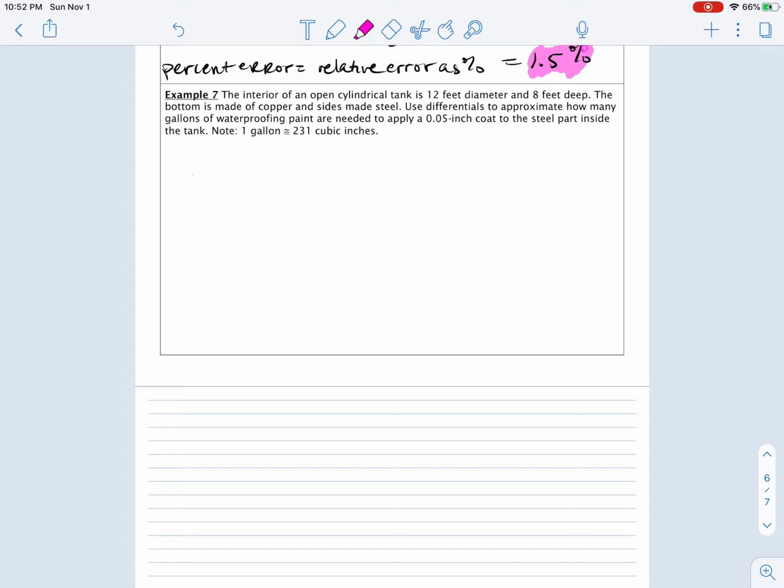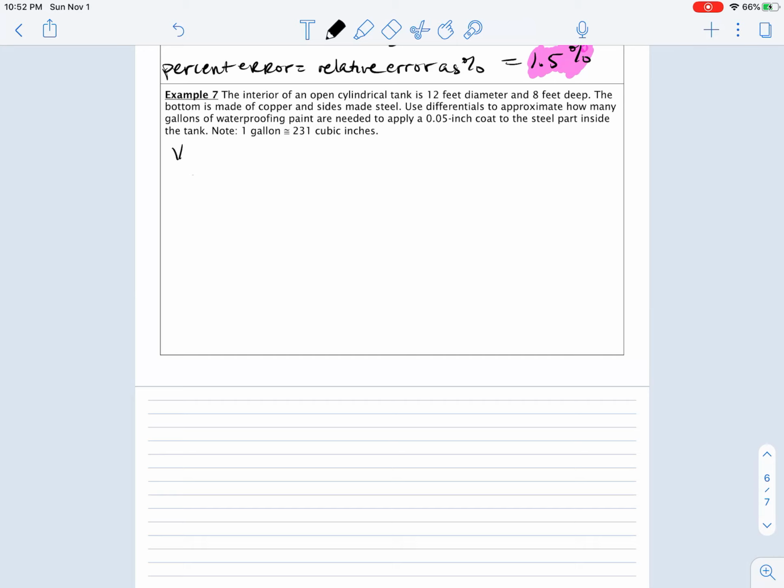Use differentials to approximate how many gallons of waterproofing paint are needed to apply a 0.05 inch coat to the steel part inside the tank. All right, note that 1 gallon is 232 cubic inches. All right, so how do we do that?